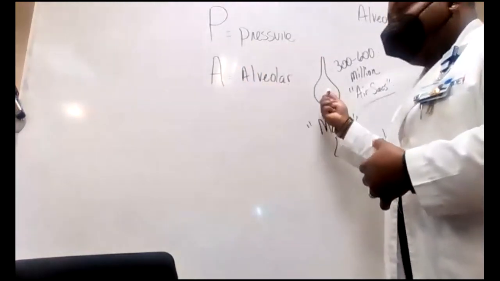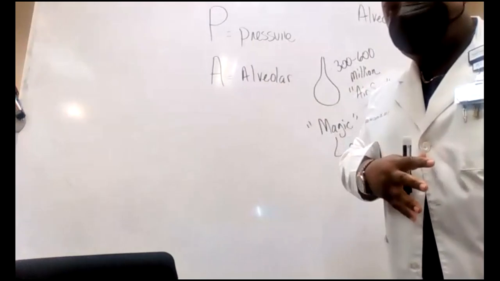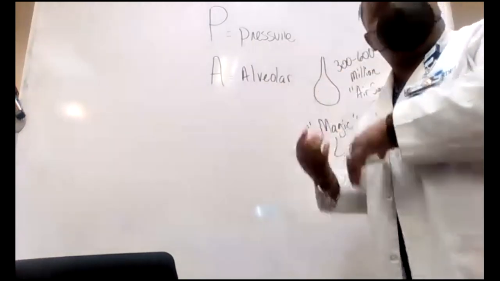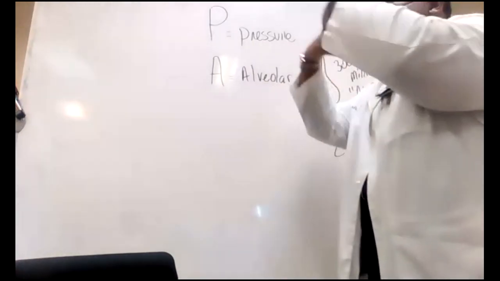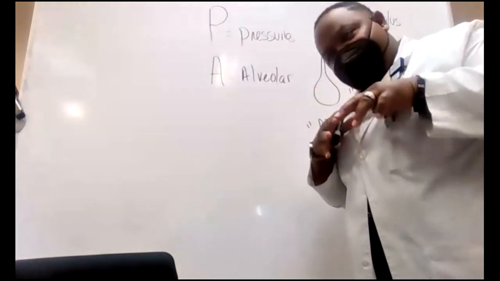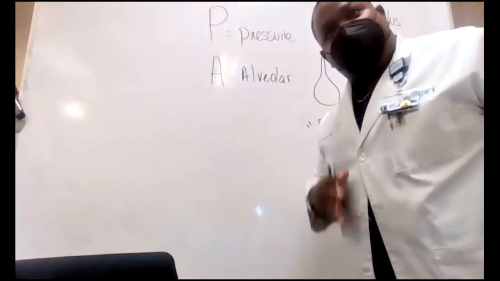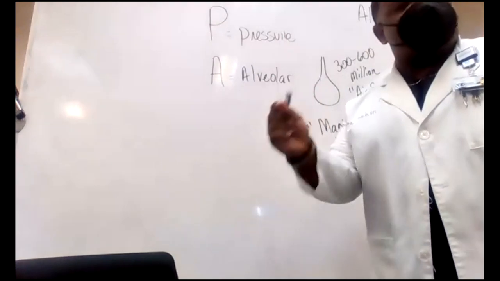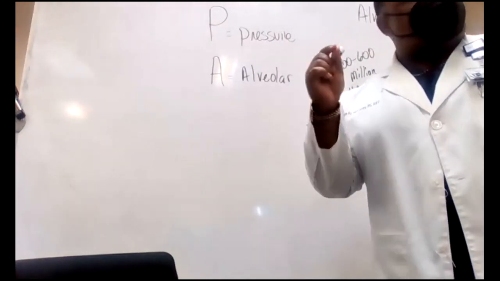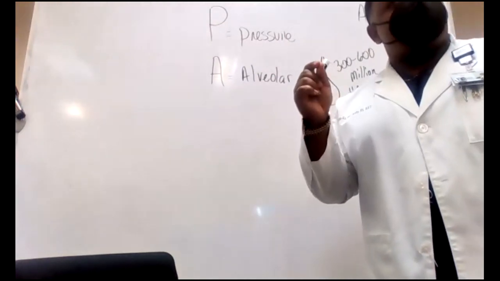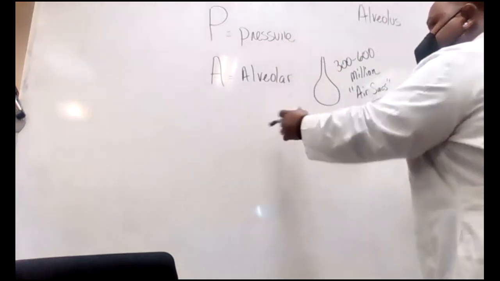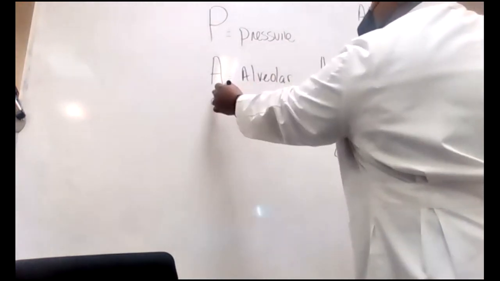The alveoli is giving the blood oxygen and receiving CO2 from the bad blood, so it can get rid of the CO2 and give oxygen-rich blood back to the body. With every beat of your heart, every breath you take, that is happening. Okay? So alveolar is the big A.